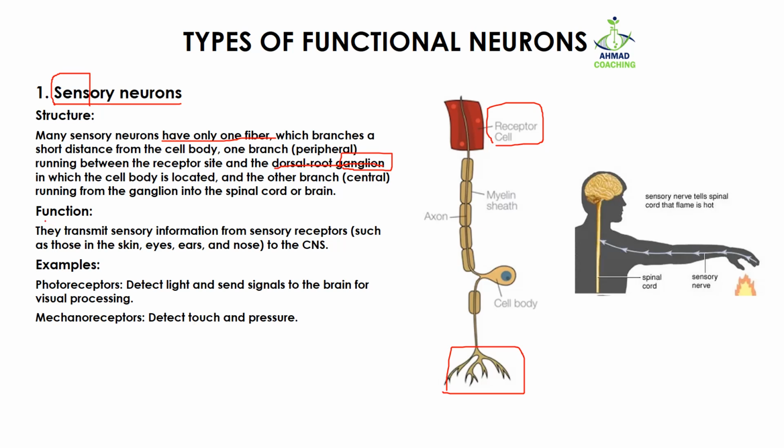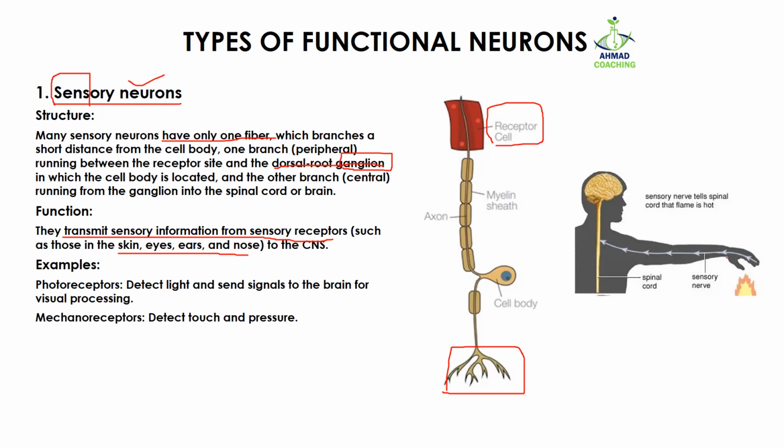The function performed by a sensory neuron includes the transmission of sensory information from the sensory receptors. The sensory receptors include skin, eye, ear, nose, or any other organ. For example, in this diagram, you can see that this person is about to touch the fire. The sensory receptors, which is the skin, have these sensory neurons. As soon as the person is going to touch the fire, the sensory neurons are activated.